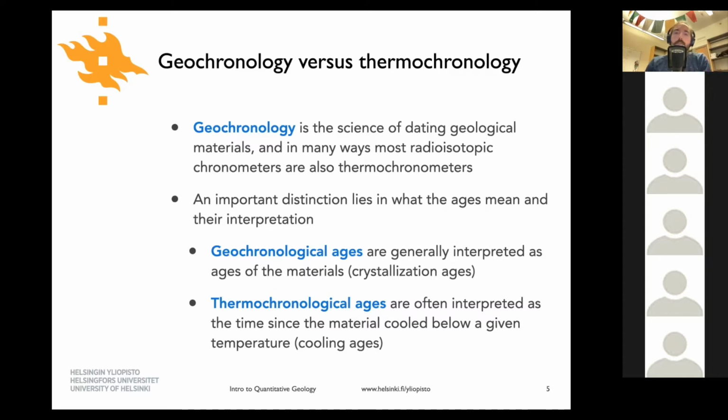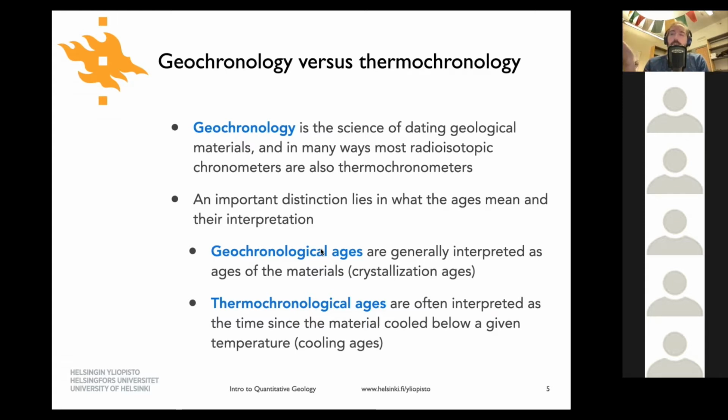This is actually true for thermochronometers as well. That's common in both geochronology and thermochronology, if you're using a radioactive source material as your way of measuring time. The distinction is basically in the interpretation of the ages. For geochronological ages, we typically look at those as a crystallization age.